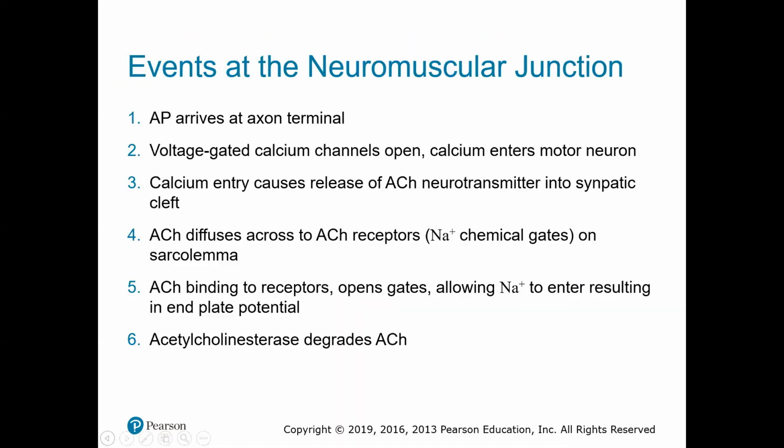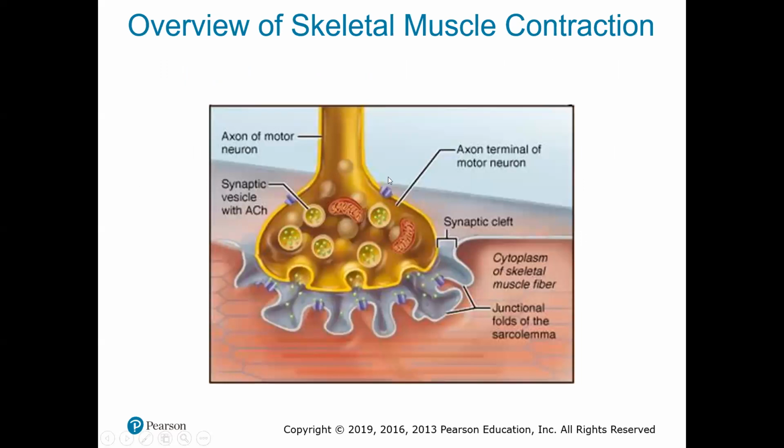Let me go back here. That's what's happening here. These little purple things here are the voltage gates for calcium. When an action potential comes down through the axon to the axon terminal, the charge on the membrane causes this voltage gate to open up and calcium comes in. That gate is controlled electrically.